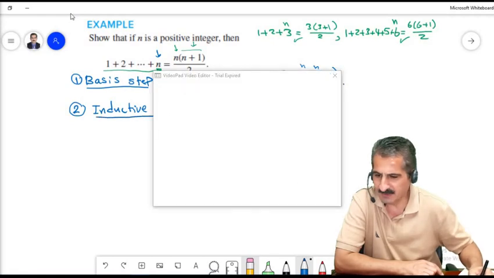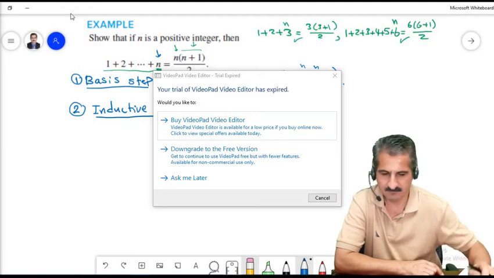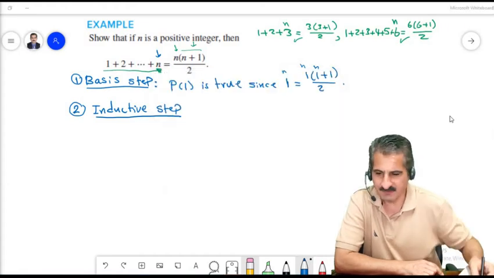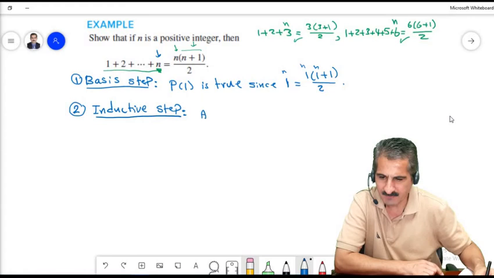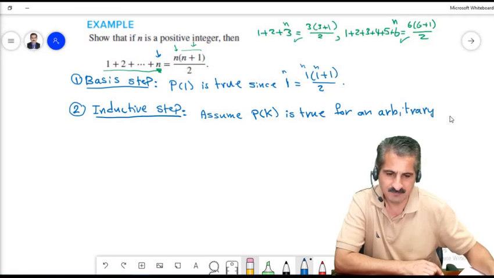Okay, what does the inductive step say? Now we will say assume P of K is true for an arbitrary integer.